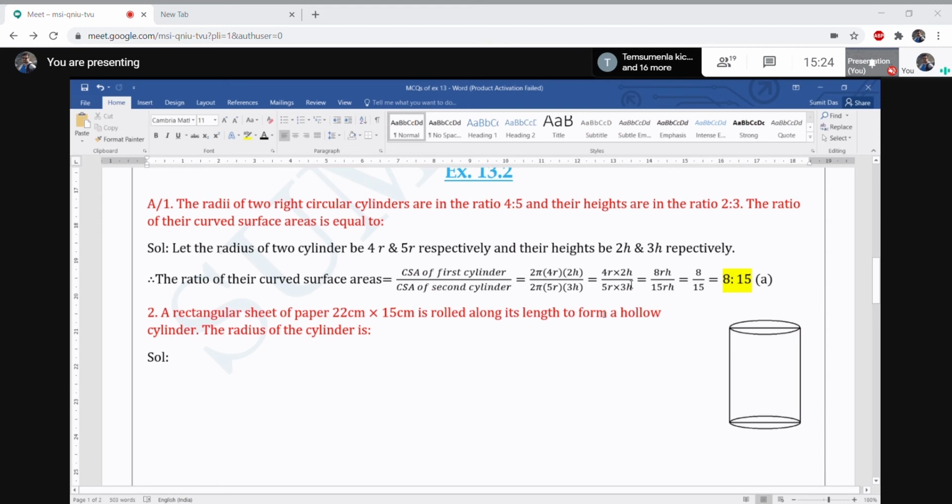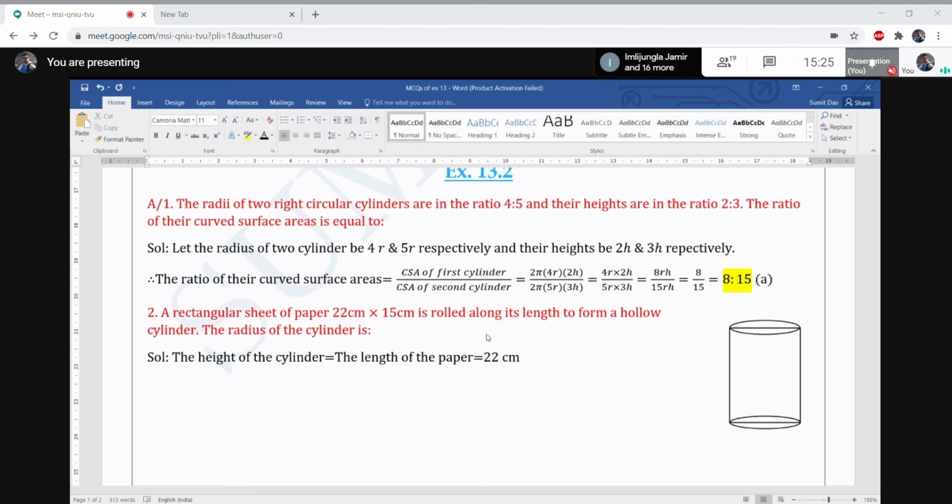Along its length means the height of the cylinder is equal to the length of the paper, because the paper is rolled along its height. So the height is 22 centimeter.